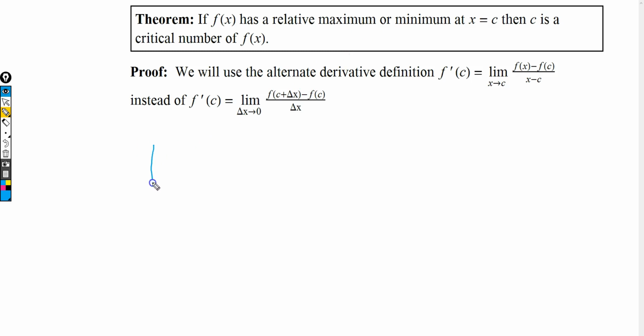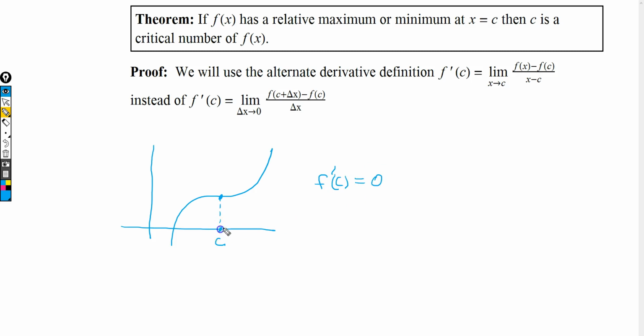And you can easily see why that's true. For example, if you just consider the graph of a function that looks like this, right here at that point, c, as I have it drawn, c is a critical number. F prime of c is equal to 0.